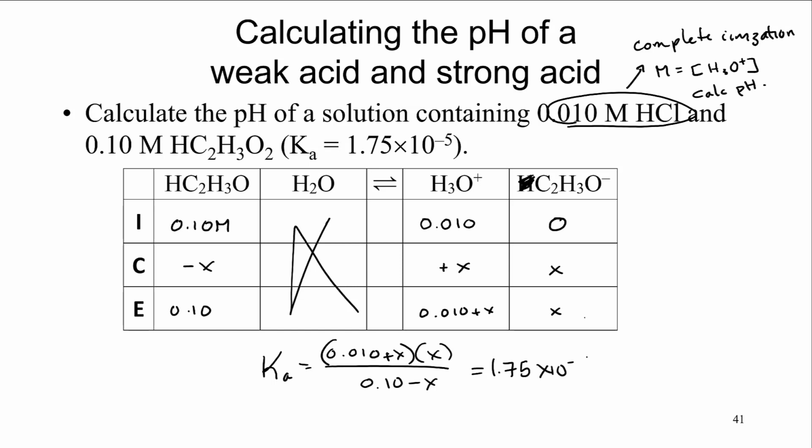Now, in this instance, the hydronium is what is known as a common ion. I have hydronium in the solution already, so it's going to suppress the ionization of the acetic acid.